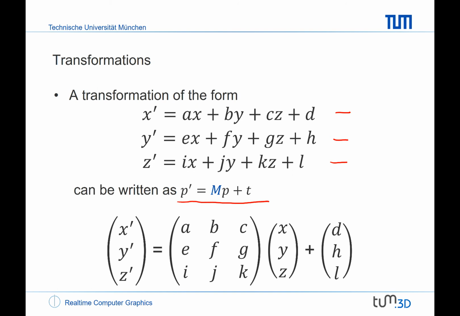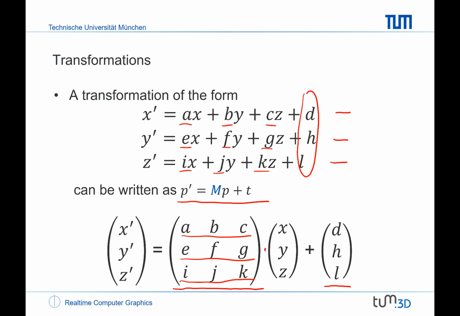We can say that p prime, which is the transformed vertex coordinate comprised of x prime, y prime, and z prime, is equal to a transformation matrix M, which is comprised of A, B, and C in the first row, then E, F, and G in the second row, and I, J, and K in the third row, times the input vertex coordinate x, y, z, plus that last part, which is just the translation components, which shift the vertices in 3D space, and they are given here as a separate vector.